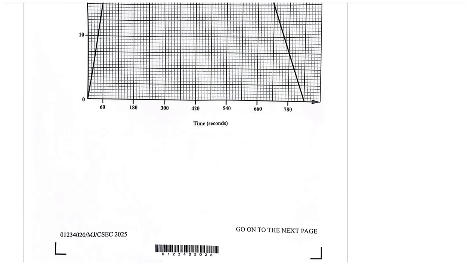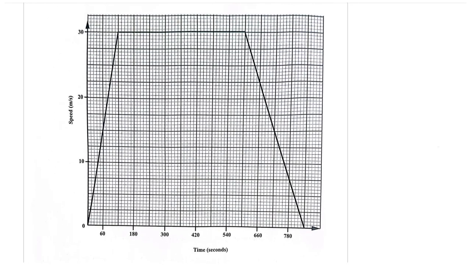So let's go back up to the graph. Now the initial acceleration, we are looking at the first stage right here, where the car accelerates for 2 minutes. Right? Now to find this initial acceleration, we have to take the gradient of this line right here.